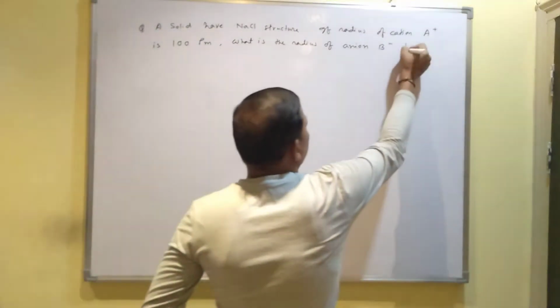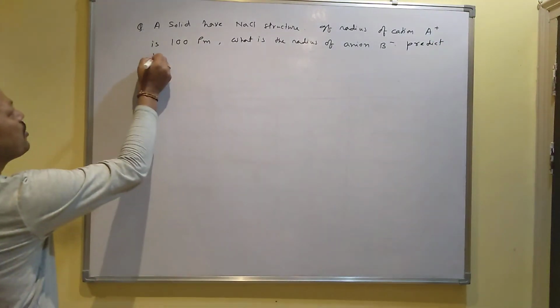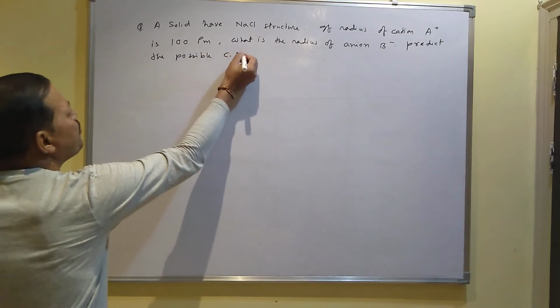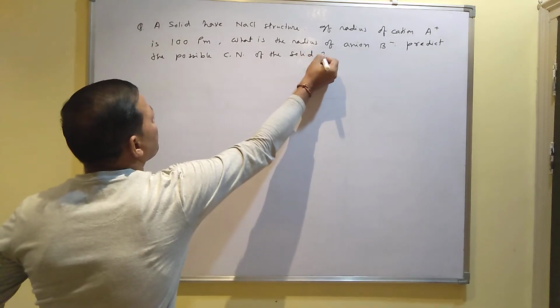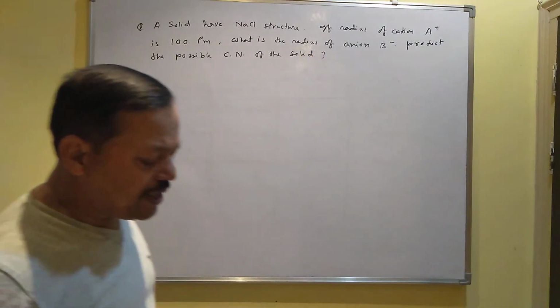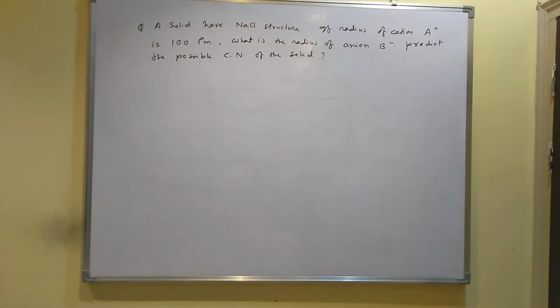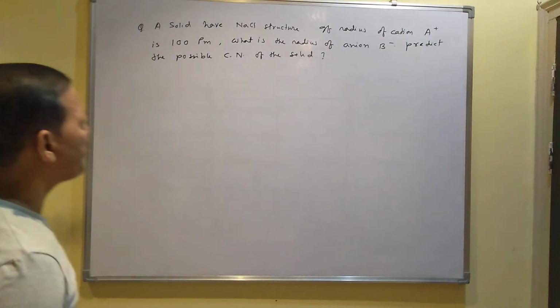Predict the possible coordination number of the solid. So this type of question you will get. There is a solid and the solid has a sodium chloride-like structure, and here the radius of the cation is given as 100 picometer, and you have to find out the radius of the anion, and also determine the possible coordination number of the solid.